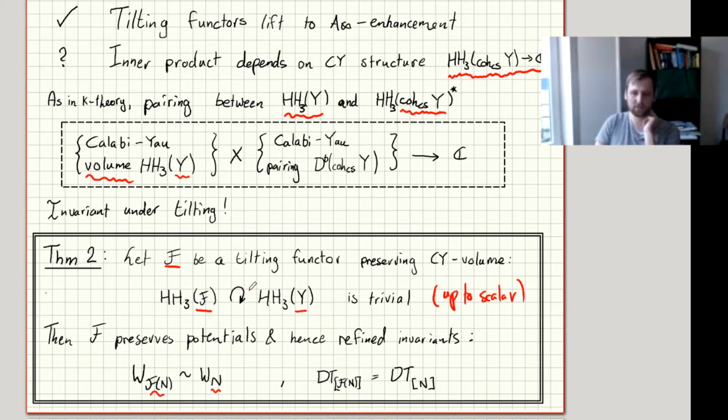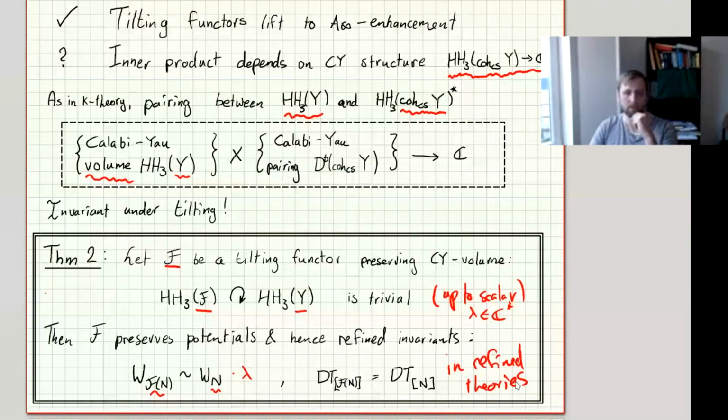And again, if this is not quite trivial, but there's some sort of scalar, then you can just multiply by some scalar instead. Right. And in either case, this scaling of the potential or this invariance of the potential means that the counting invariants we get for both objects are going to be the same in the refined theories.